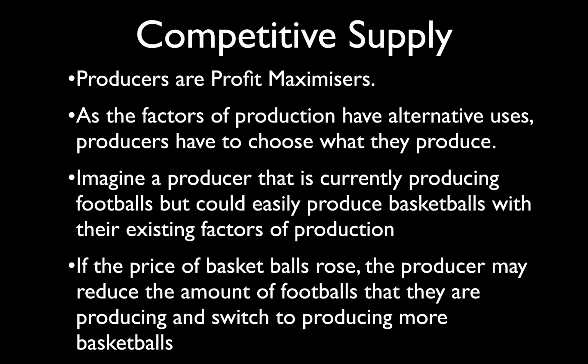And as the factors of production have alternative uses, producers therefore have to decide what to produce. So imagine a producer that is currently producing, and I mean soccer balls for any Americans that are watching. Footballs, I'm talking about round football soccer balls. But they're producing soccer balls with this equipment.